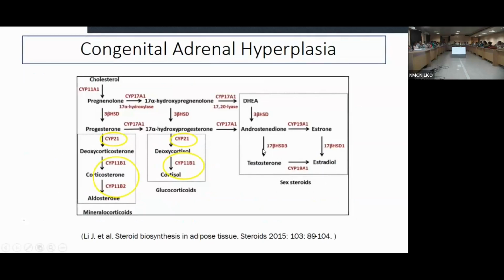So you have an excess of testosterone being produced in a 46XX individual, and in fetal life, excess testosterone causes virilization of the external genitalia of the female fetus. And because these two pathways are blocked, there is a deficiency of mineralocorticoids and glucocorticoids.